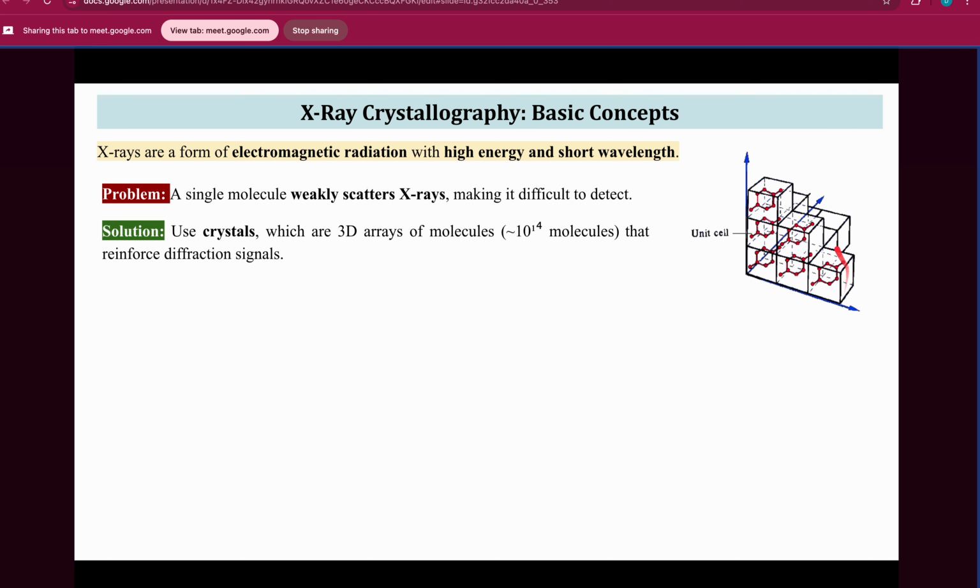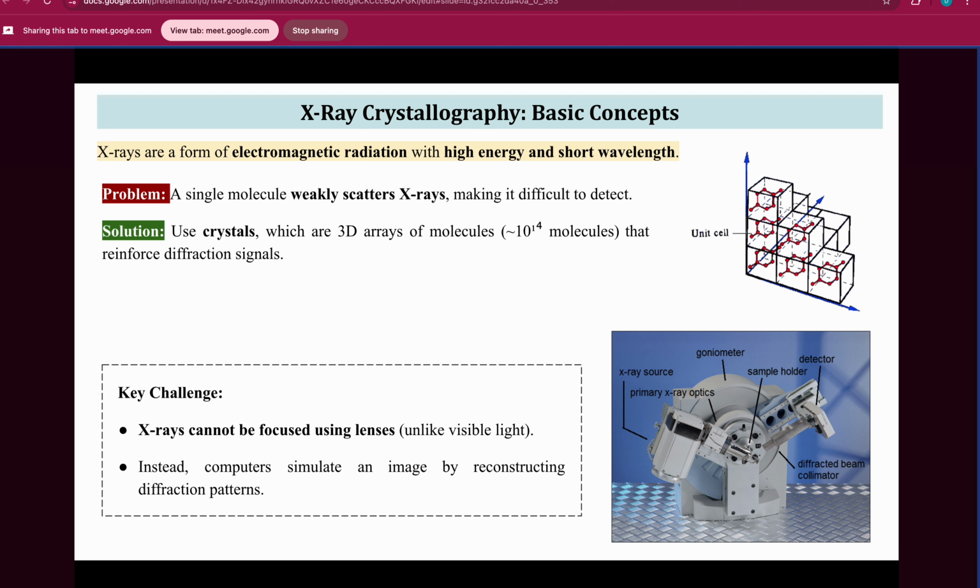When they are arranged properly into a 3D array, it is a crystal lattice. If you have multiple molecules, the ability of X-rays to scatter them and generate a diffraction pattern increases. So instead of using a single molecule, we go for crystal formation and then observe the X-ray diffraction pattern using a protein crystal.